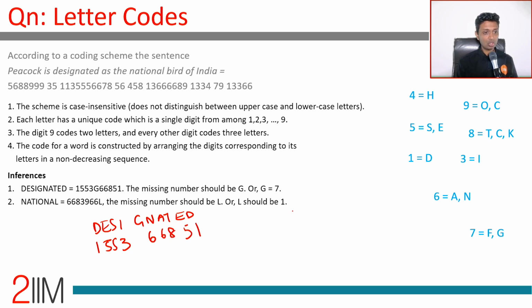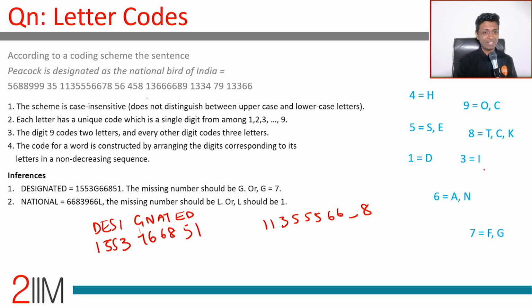If we reorder this, 1 1 3 5 5 5 6 6 dash 8, for G, the missing letter should be 7. 7 is G. We already have 7 for F, and 7 for G.